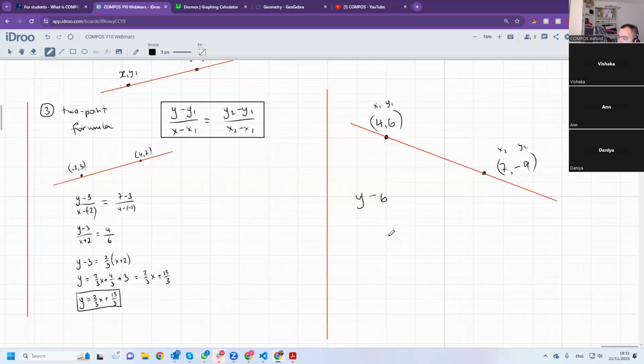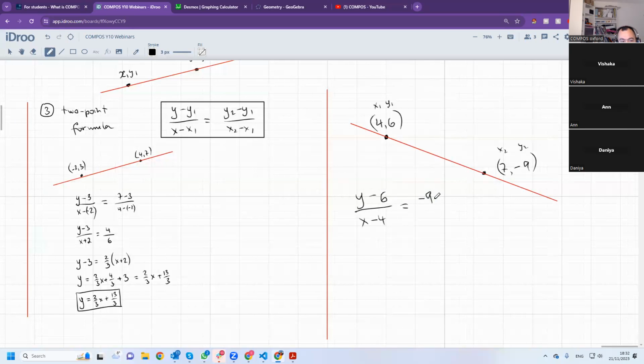Zero 0.33.5. Oh, 0.335. Okay, y minus 6. I might be able to do your example. Y minus 6 over x minus 4. So y minus y1 over x minus x1 equals y2 minus y1 over x2 minus x1.